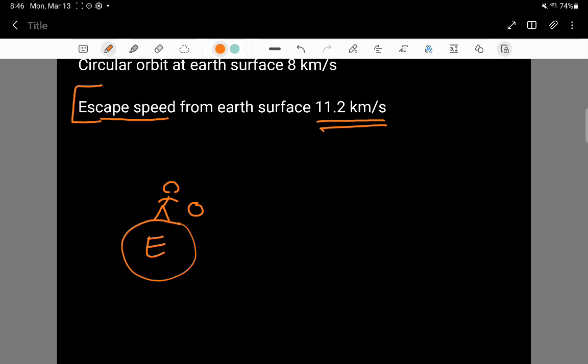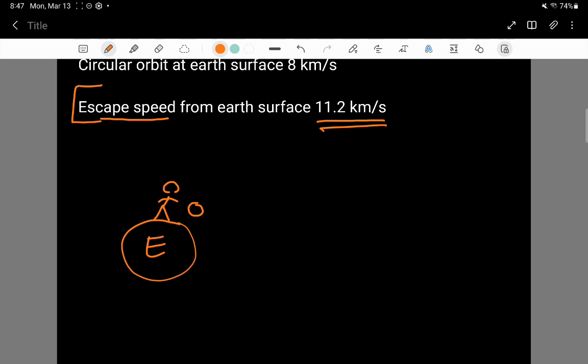Can you see this is not 11.2 kilometers per hour, right? That's a pretty slow speed. People can jog that, I think. No, I guess you might have to run that really fast. Anyways, but 11.2 kilometers per second, that's a crazy fast speed.